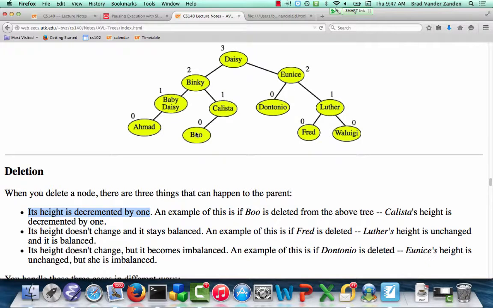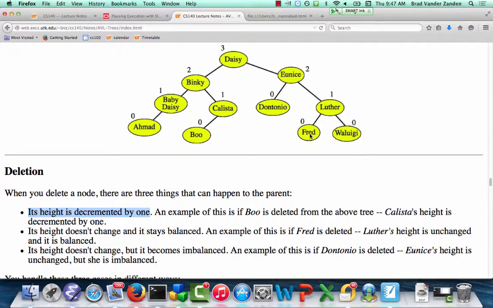Okay, second case is that the height doesn't change, but it stays balanced. So if you were to delete Fred here, Luther, the parent, has 2 children. So when you delete Fred, it doesn't change the height of Luther.